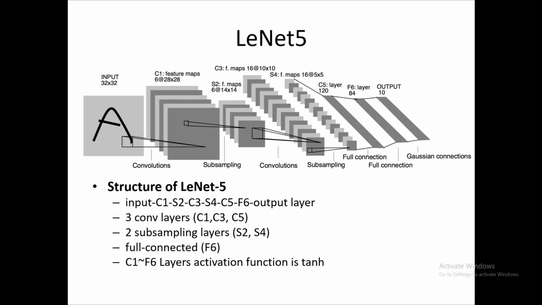LeNet-5 was developed by one of the pioneers in deep learning, Yann LeCun, in 1998 in his paper Gradient-Based Learning Applied to Document Recognition. It was used by banks to detect handwritten text based on the MNIST dataset.